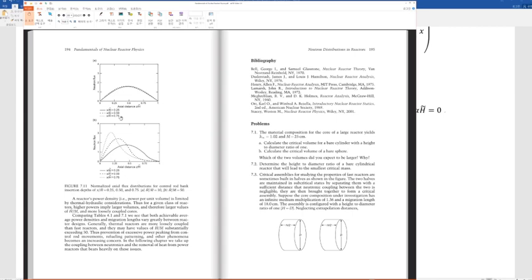reactor height, we can see that the shape of neutron flux does not significantly change. So that means neutronically the reactor is tightly coupled.